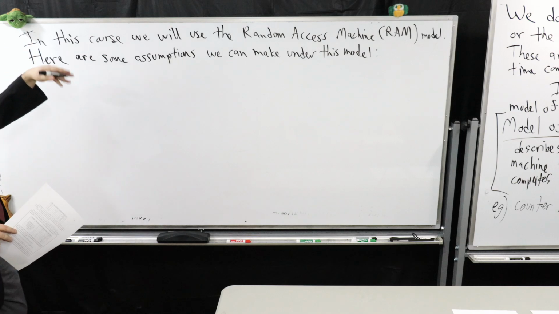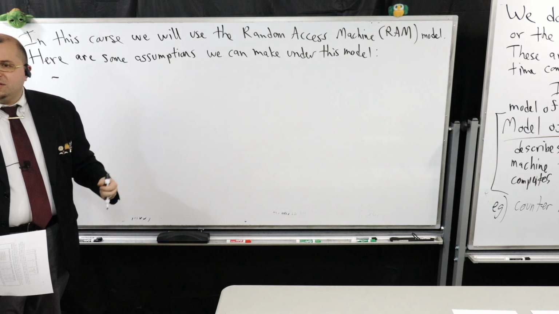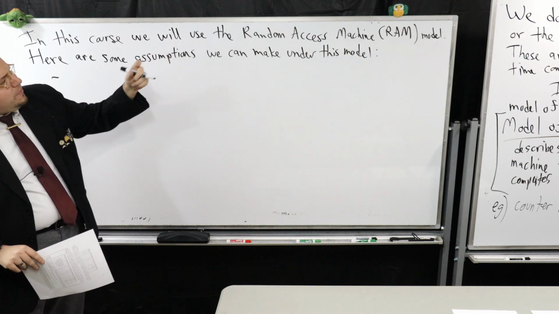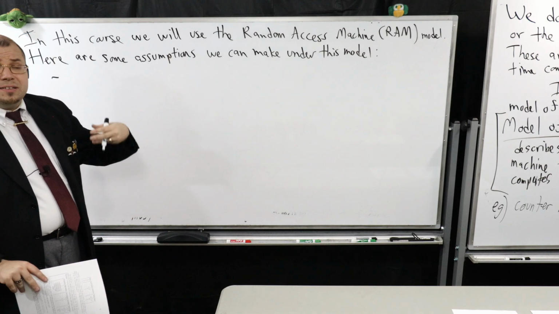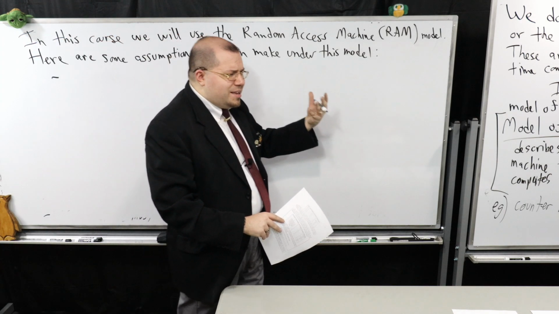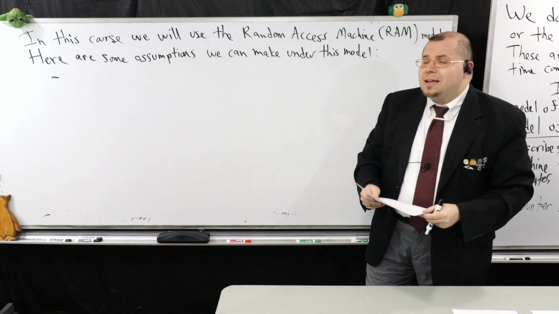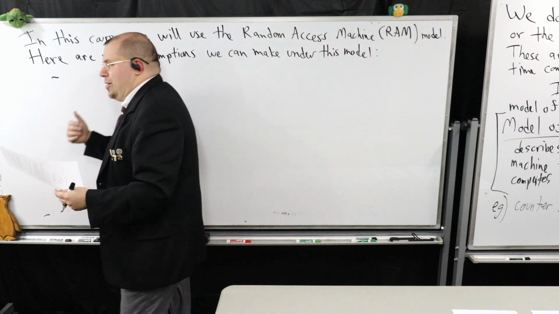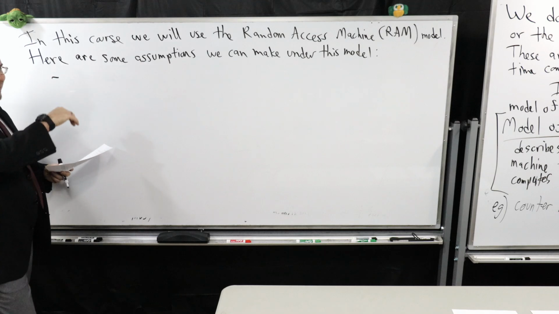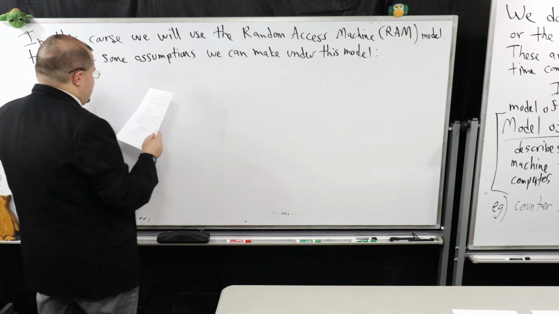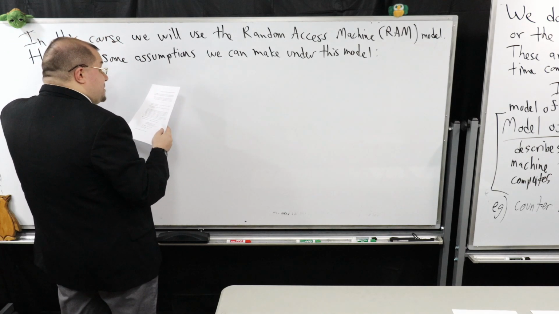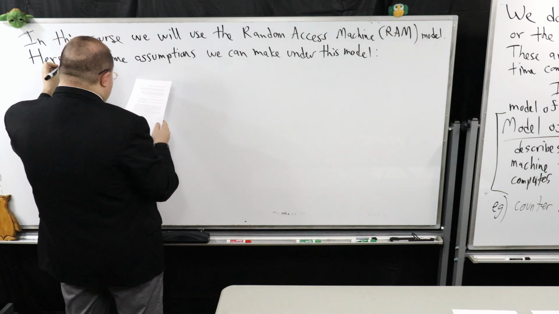So don't look at this as the end-all be-all. There are many models of computation, and there's a whole family of these RAM models. This is just what I would call the more general and easier one for us to use. If you say you use the RAM model, they're usually referring to what I'm going to tell you here, but there are some more specific versions, so just be wary of that.